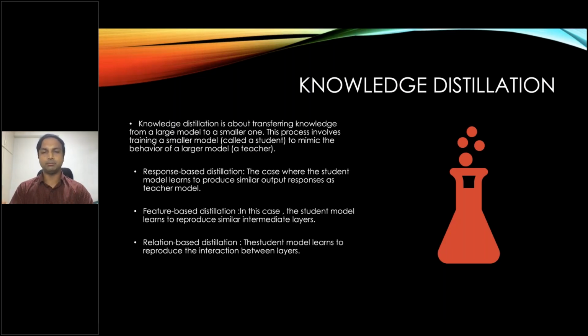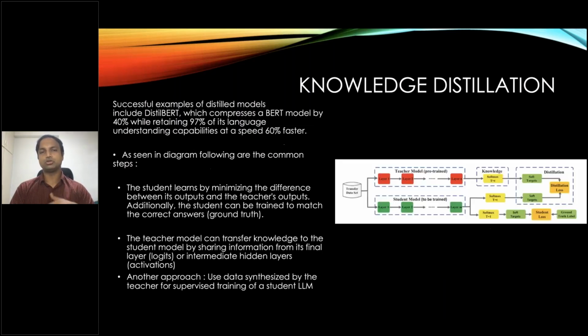And if you just want to maintain some kind of relationship, then you go for relation-based. In my experience, what I've been using a lot is response-based knowledge distillation, and we use knowledge distillation heavily in synthetic data generation, practically, not only for model inference, but also for synthetic data generation to do things like fine-tuning.